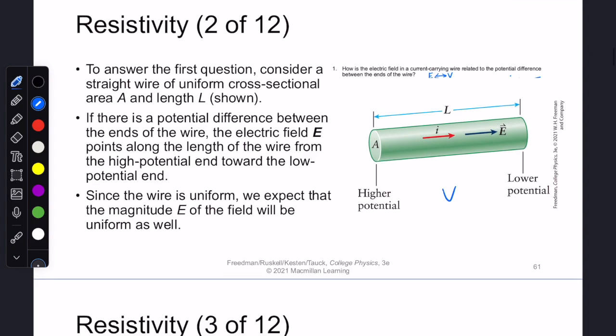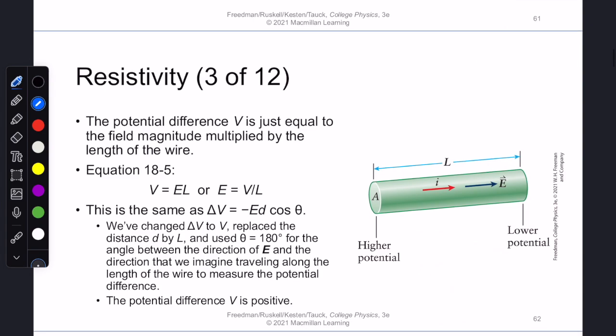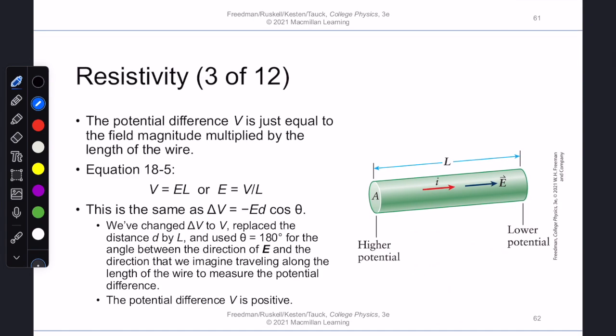And what is that electric field? Well, we kind of looked at this last chapter, right? That electric field is V over L, okay? We looked at it through dimensional analysis. We saw that the electric field can also be expressed in units of volts per meter, which is a potential difference over a distance. So that is exactly what we have right here.